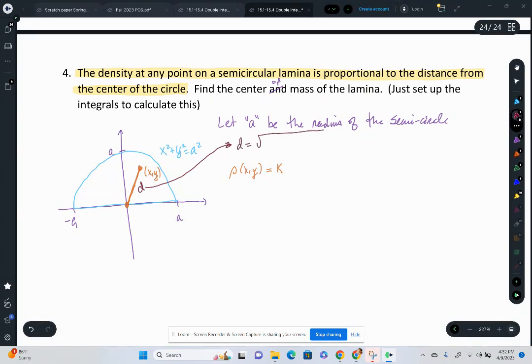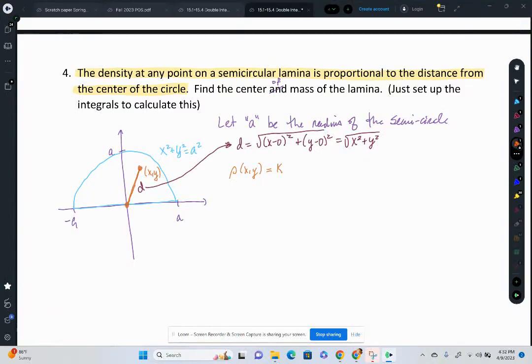D is equal to the square root of (x minus 0) all squared plus (y minus 0) all squared, which simplifies to be the square root of x squared plus y squared. So that's the distance function, and that means that since our density function is proportional to the distance from the center of the circle, then we replace d with the square root of x squared plus y squared. Okay.